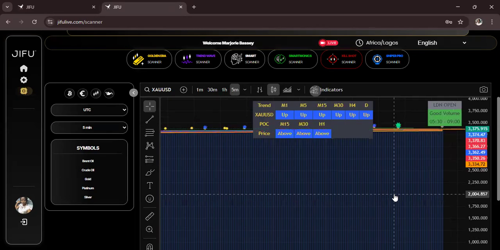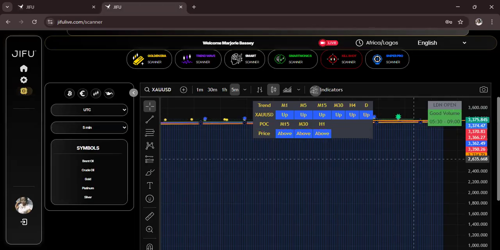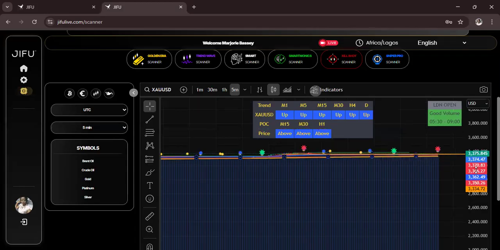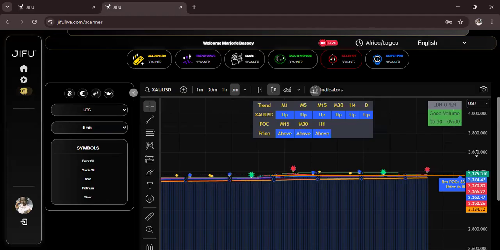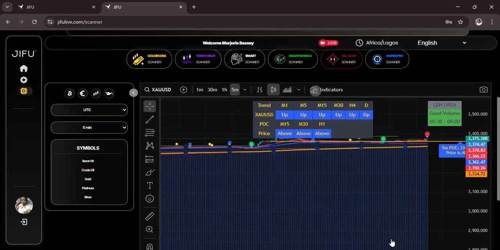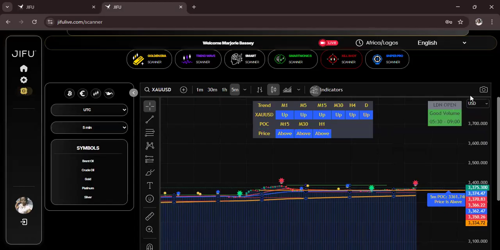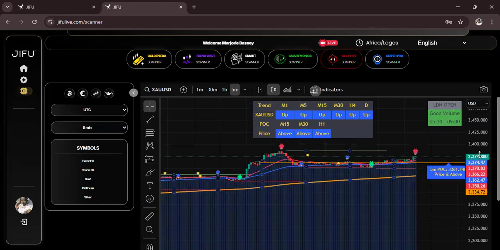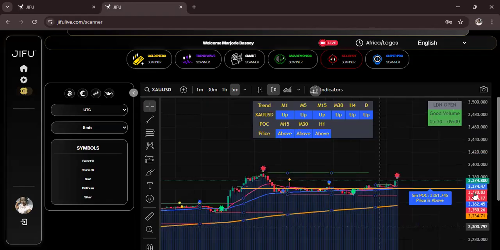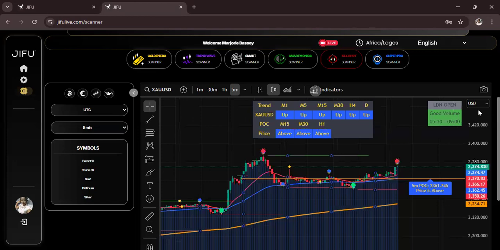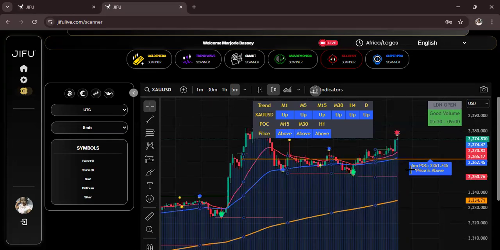So kill shots, for those taking gold, is actually all blue, showing you that the uptrend is actually very solid across all time frames. So then what you're going to do, if you're going to take this trade, this red star has appeared.